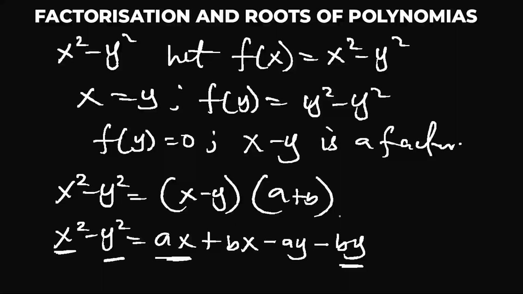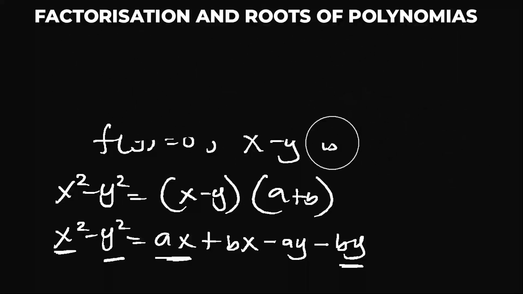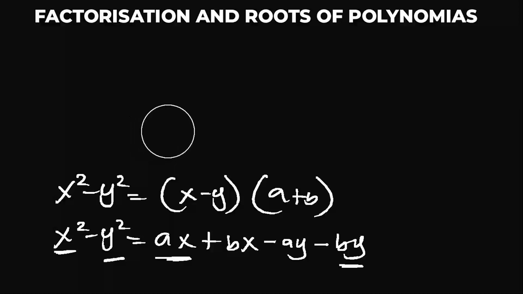So, this is the expansion. The first term of this expansion is to be compared with the first term of this side, and the last term of this expansion with this. If we do that, then we can find the values of a and b, and by getting the values of a and b, we get the other factor that we are looking for.